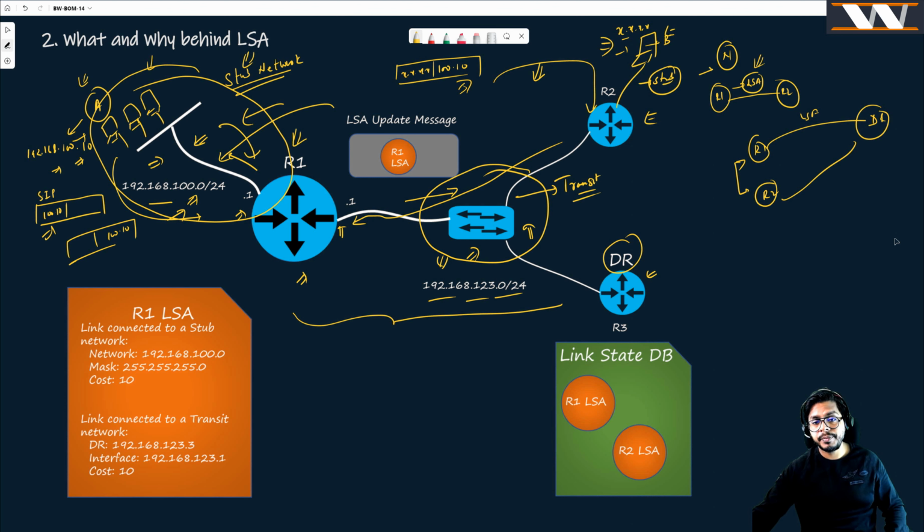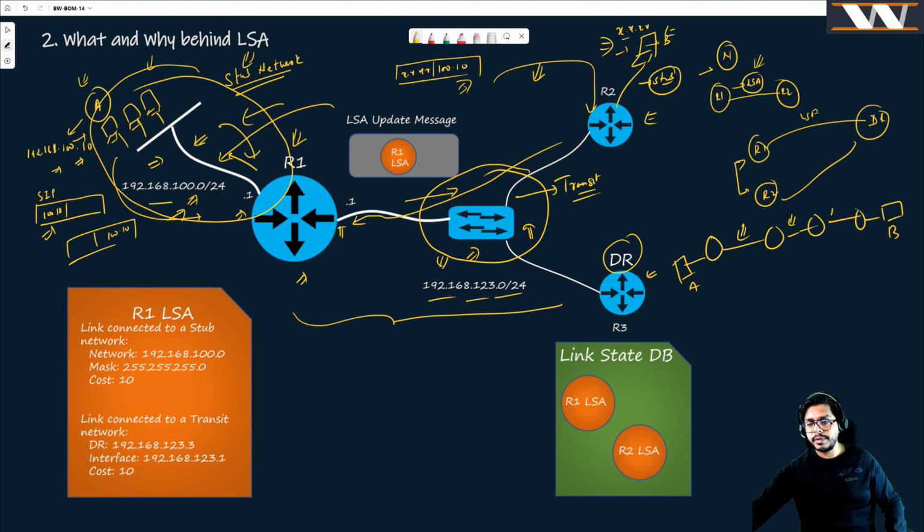And if that is the case, then basically the network between R1, R2 and R3 is just a transit network. Because the packet is not directed to this network, the packet is directed towards the other network. And this is a pretty simple thing, right? If we have these three routers connected here, and we have connected a host here, and another host here, say this is A, this is B, then basically all these links connecting the routers are going to be your transit.